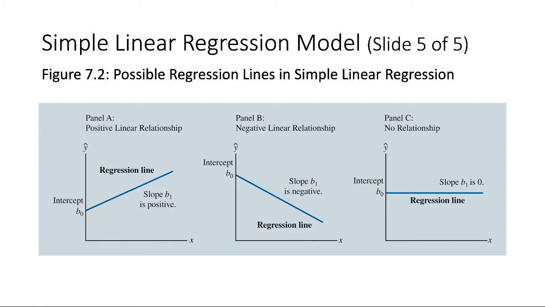In panel B, the estimated mean value of y is related negatively to x, so smaller values of predicted y are associated with larger values of x. Finally, in panel C, the estimated mean value of y is not related to x. That is, y is the same value for every value of x.